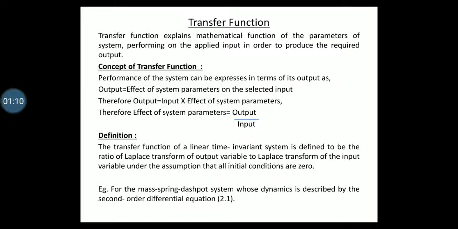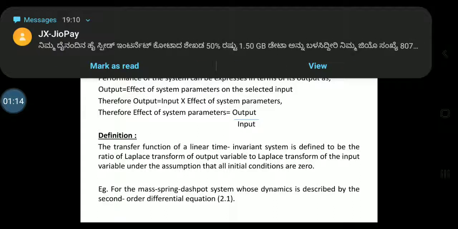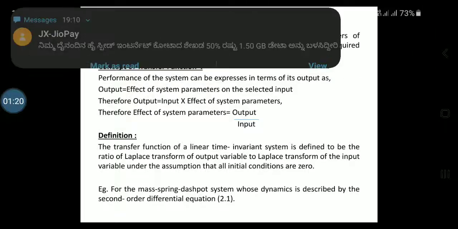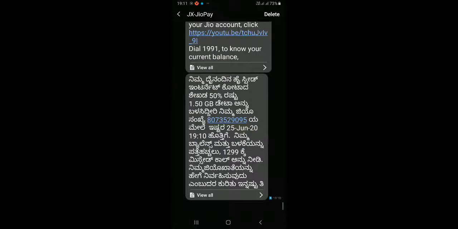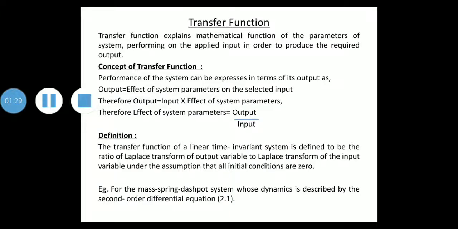When we have a system, in any system, first the system parameters are designed and their values are selected as per the requirement. As per the requirement, the input is selected next to see the performance of the desired system.